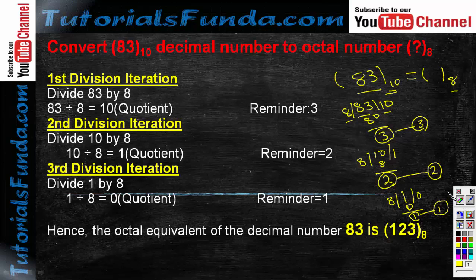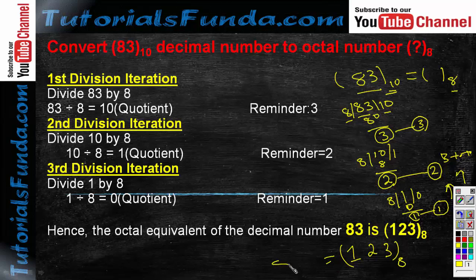As we know, when we are converting decimal to octal, just write down the remainders from bottom to top. So my bottom value is 1, then 2, then 3. So that is 123. The base is 8.